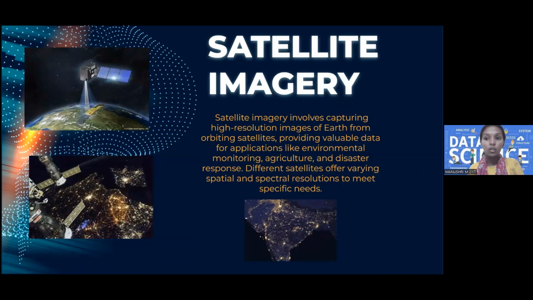Satellite imagery. Before getting into the main task, satellite imagery is a very important term. Only if we understand that will we be able to understand the further steps in the task. Satellite imagery is nothing but the images which are sent to us from the satellite, the images captured by the satellite.